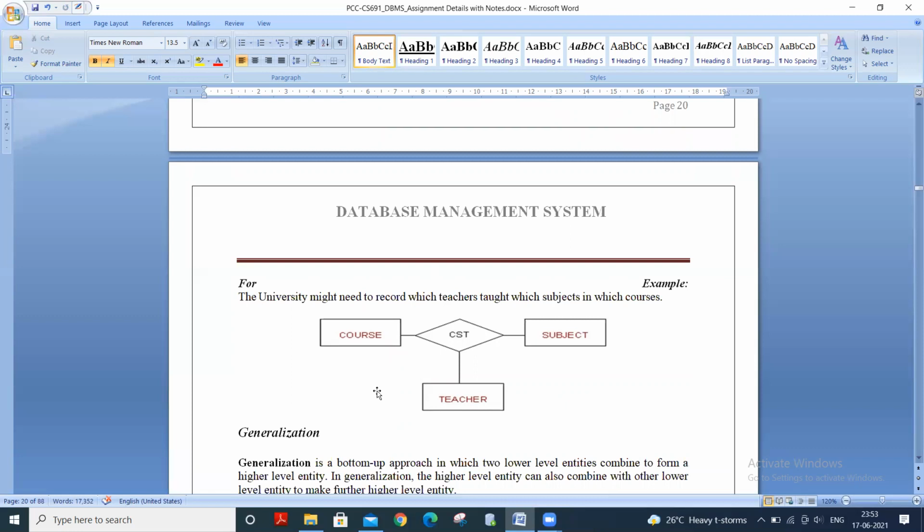Okay, so for the computer science engineering course, there will be subjects of computer science engineering and teachers also connected with each. Teachers also teach CSE subjects and there are courses in the subjects of CSE. So this is a type of ternary relationship.